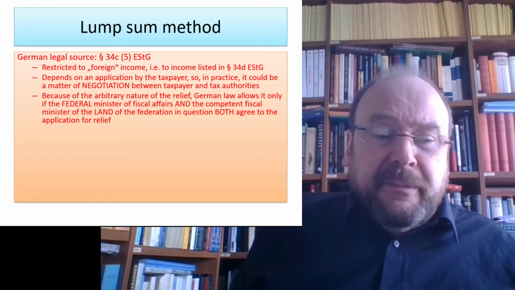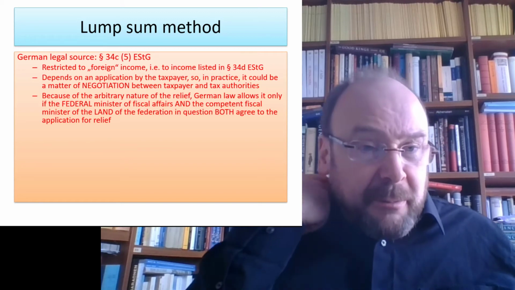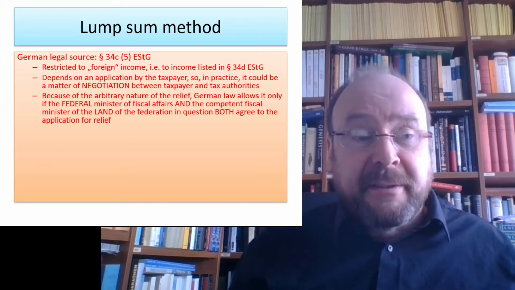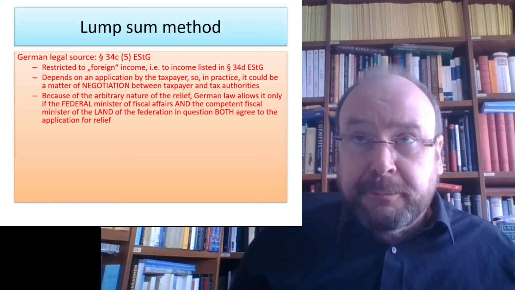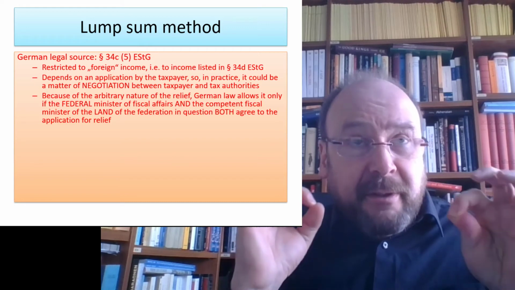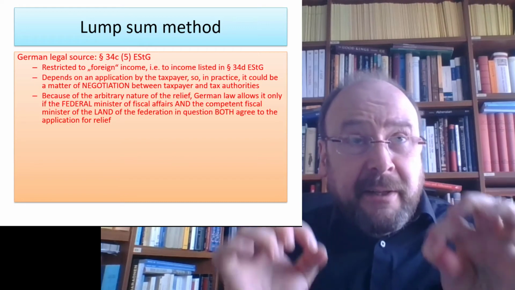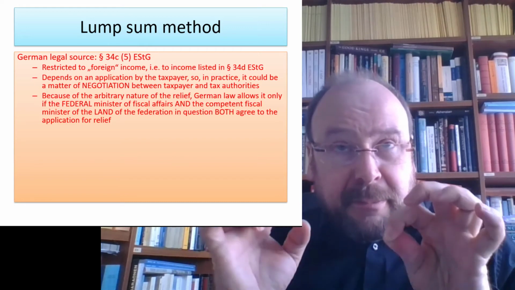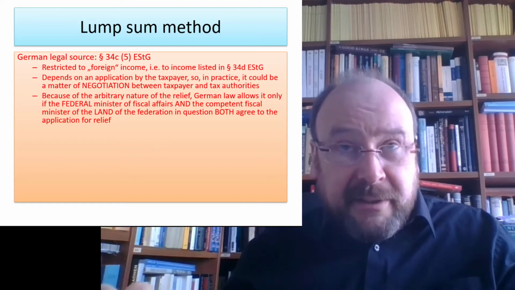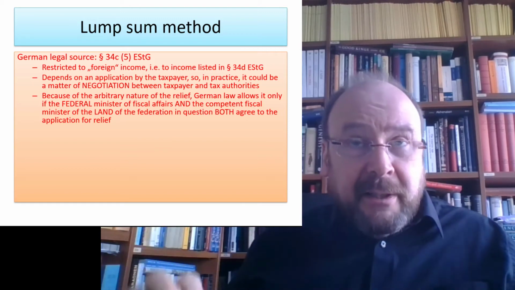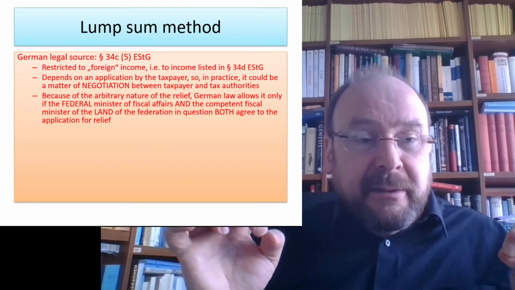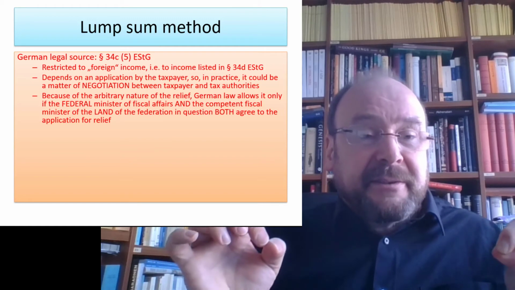And that is why in the German text you find the condition that the lump sum method can only be applied if both the Federal Minister of Fiscal Affairs and the Fiscal Minister of the Land of the Federation in which you are subjected to the tax procedure both agree to your application. That has an interesting consequence.